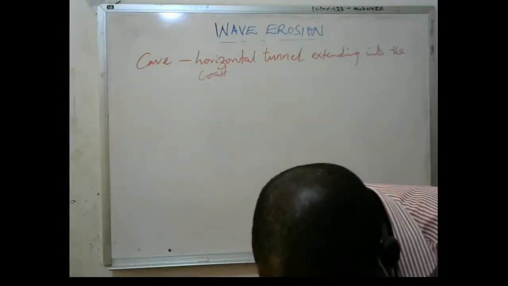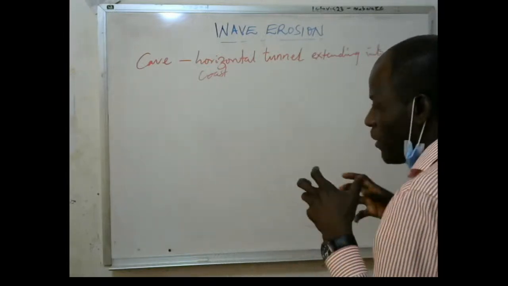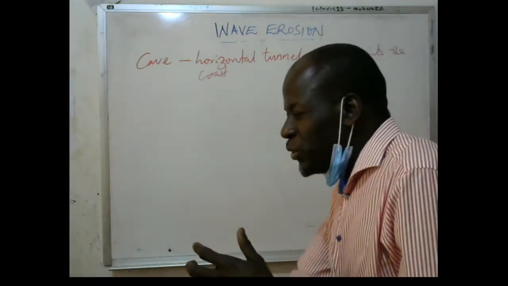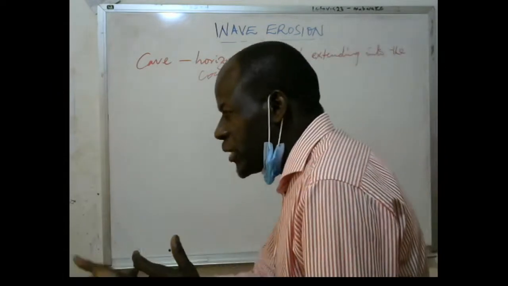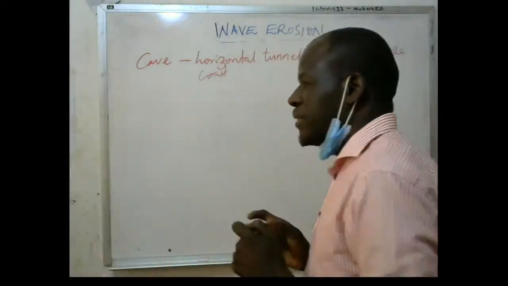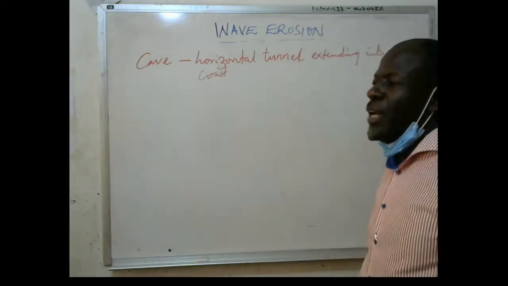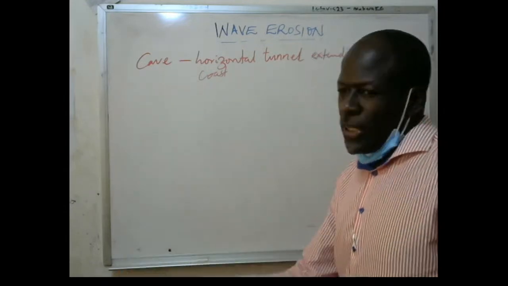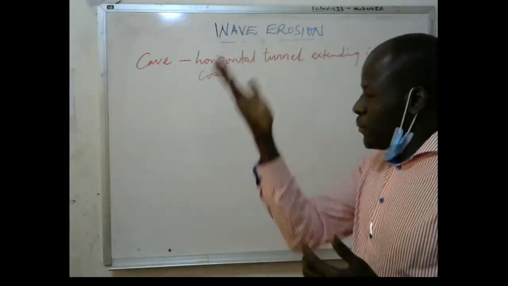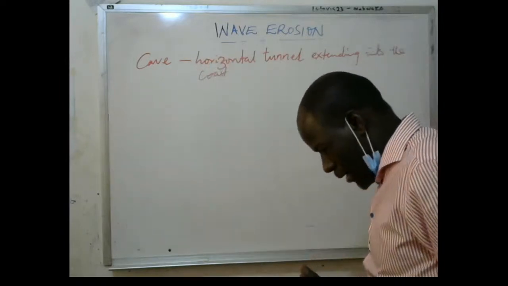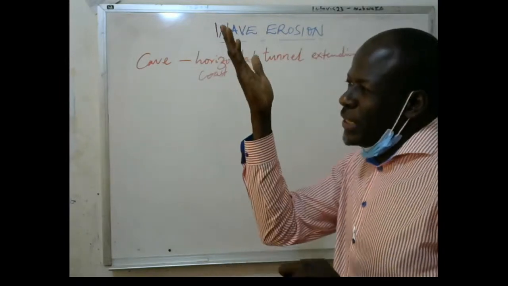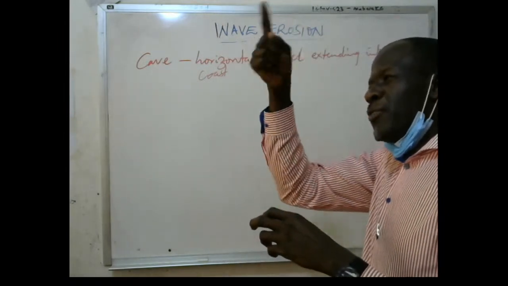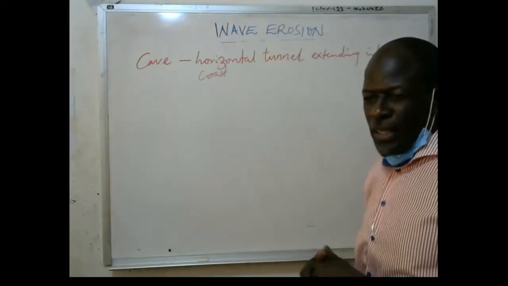So when that cave forms, we have that horizontal opening into the coast. As water continues to come in the form of swashes, when that water enters that tunnel, it gets in there and then splashes. When it hits the end, it splashes and then moves up and then draws back. As the water splashes within the cave upwards, it is also gradually eroding the upper part of that cave.